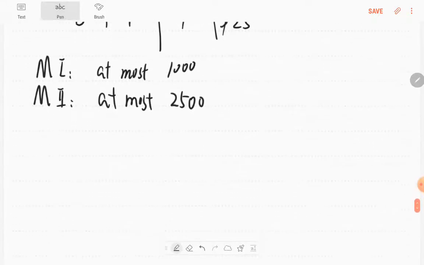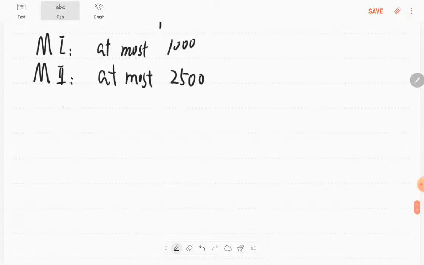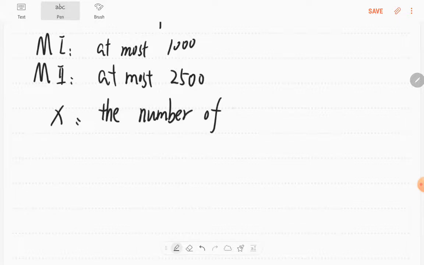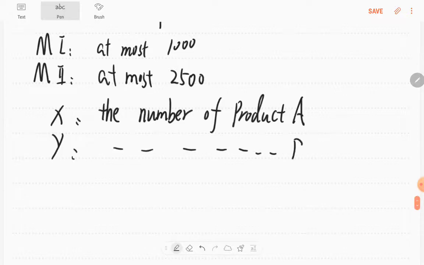So here we should introduce some variables. So here x would be the number of product A. We set y to be the number of product B. So the objective function, we want to maximize what?